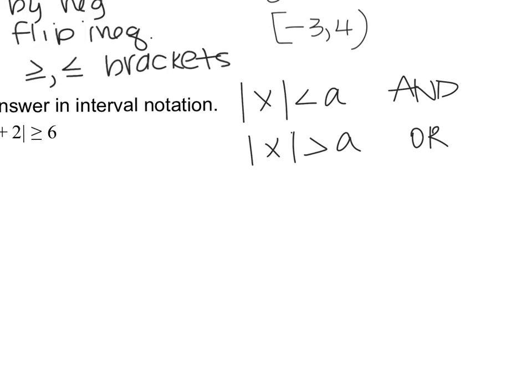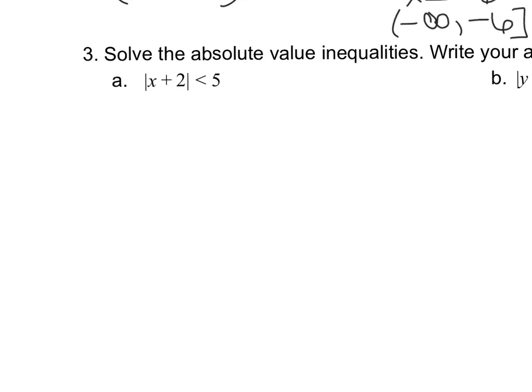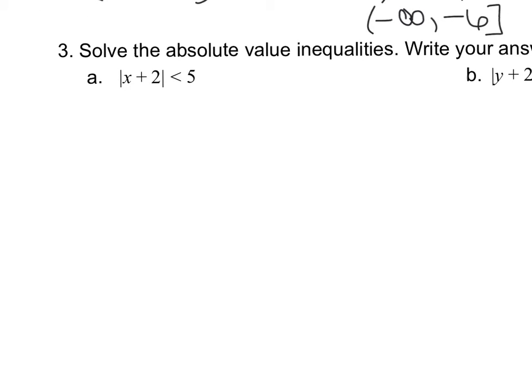So the original inequality for the absolute value tells you the types of solutions you're going to have. Our first example is the absolute value of x plus 2 is less than 5. So the original absolute value is less than, so I know this is going to be an and.